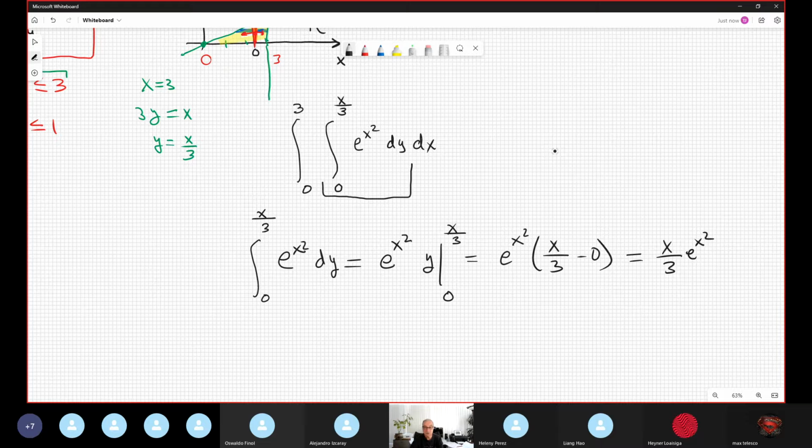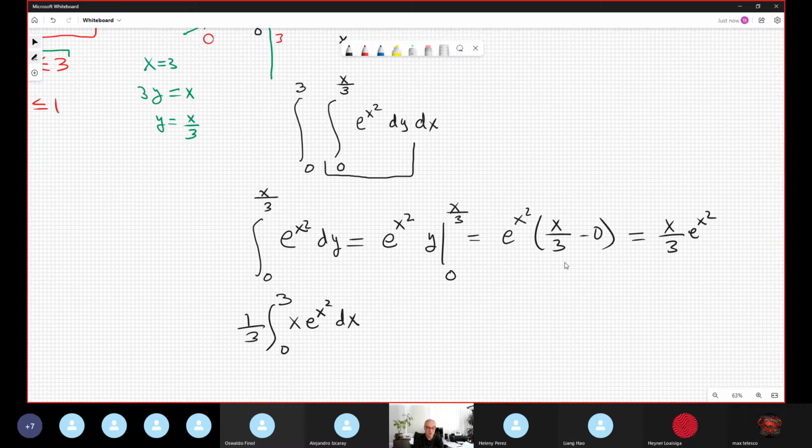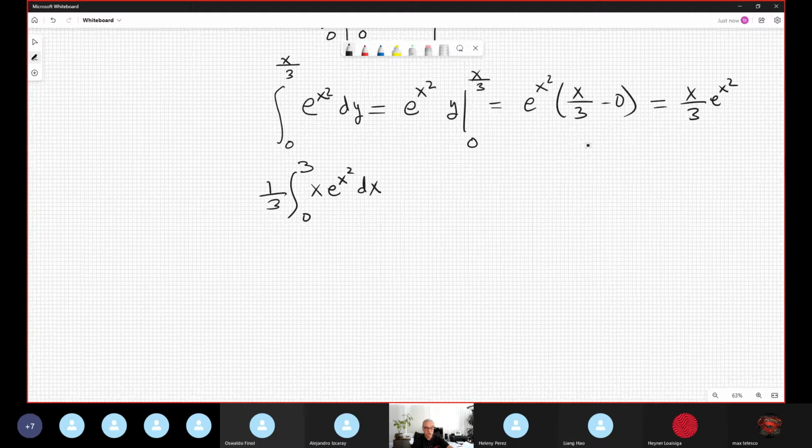Yeah, I copy this, I put it in the second integral. The second integral is from 0 to 3. I just copy 1/3, the constant outside, x e to the x squared dx. And this is relatively easy. Compute that by elementary substitution, u substitution, in which you consider u is x squared, no?